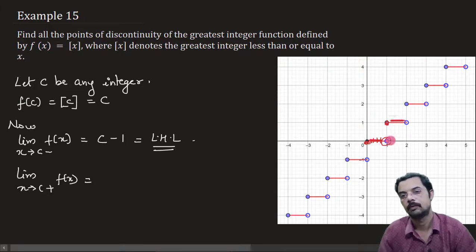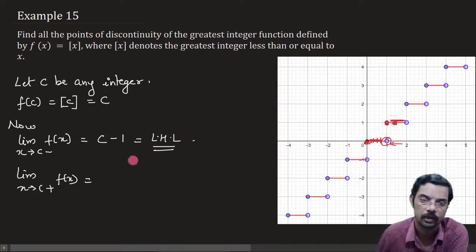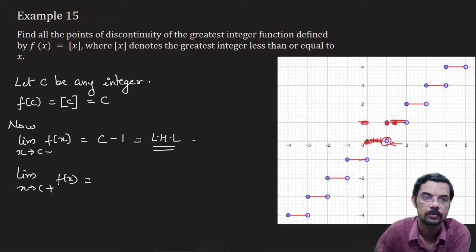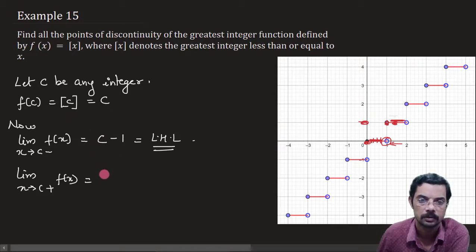If x is approaching 1 from the right, the value will be somewhere here. So therefore it will be equal to c itself, that is 1. That is the right hand limit.